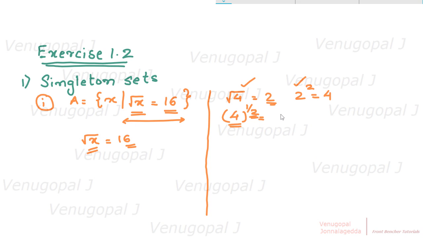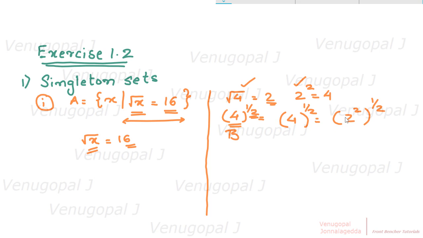The base is 4, and base raised to half is square root of 4. Now I know that 2 raised to 2 is 4, and raised to half is square root of 4.